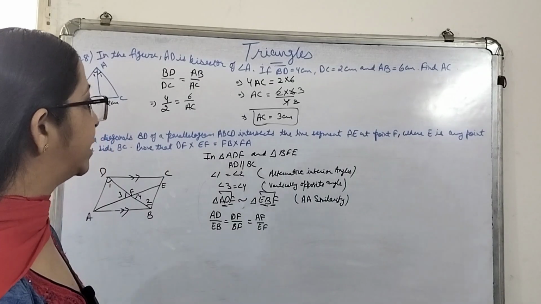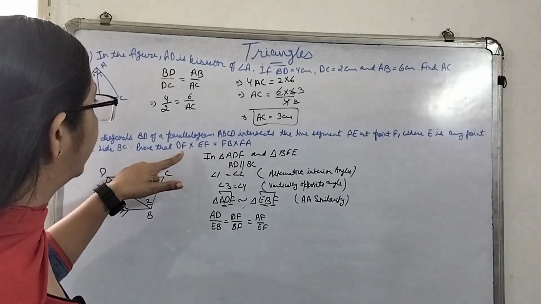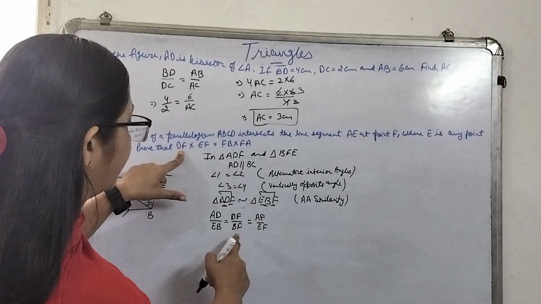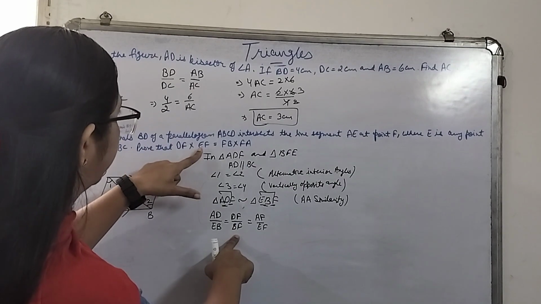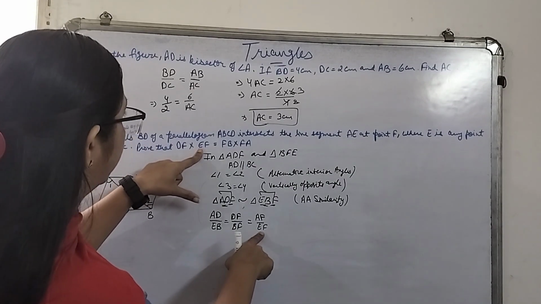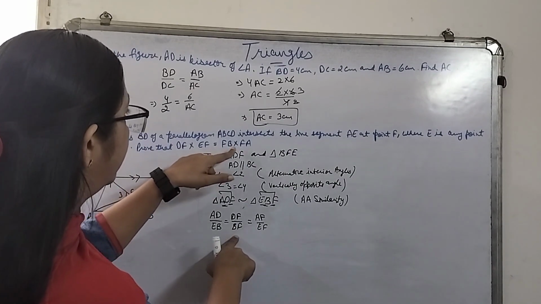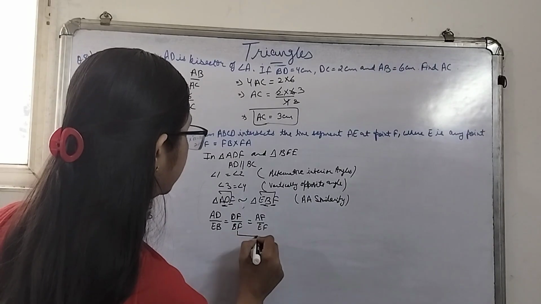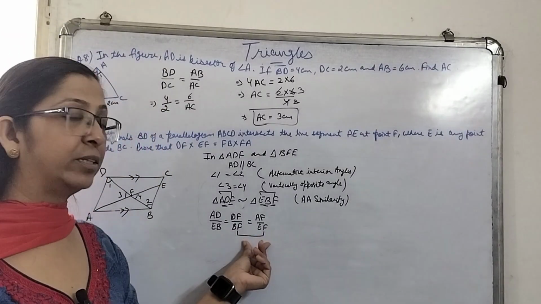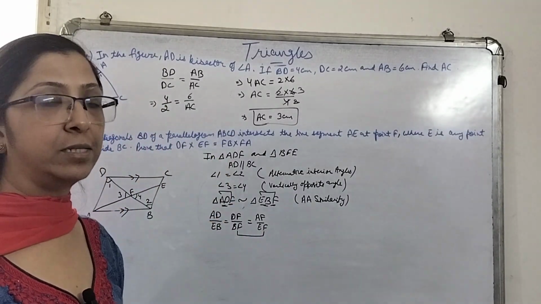Now we need to check in which terms our answer is required. We have to take DF and EF on one side, and FB and FA on the other. So we have to take this ratio.